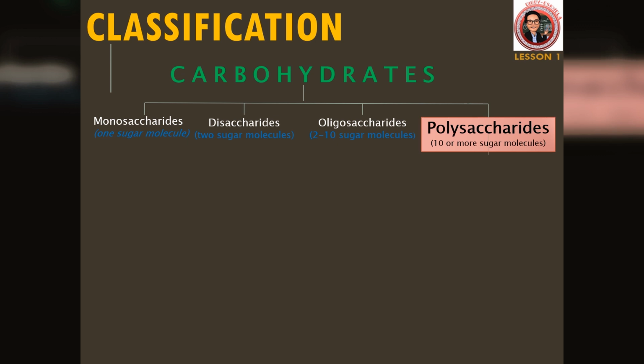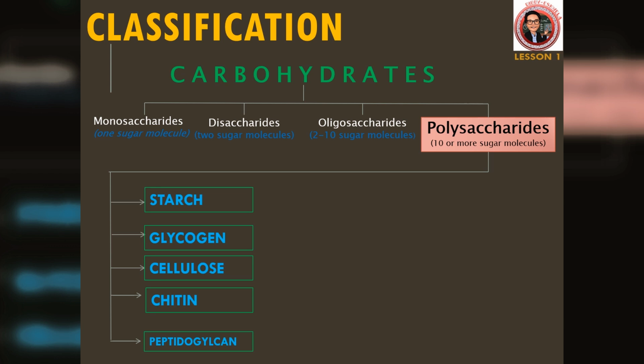Lastly is the polysaccharides, in which there are 10 or more sugar molecules, and it has the following classifications or examples. We have the starch, glycogen, cellulose, chitin, and peptidoglycan. Starch is considered as the short-term energy stored in plants, and the energy stored in animals naman ay tinatawag nating glycogen.